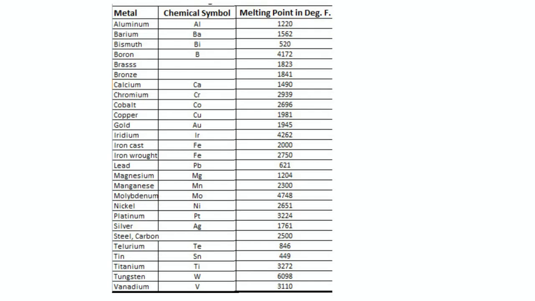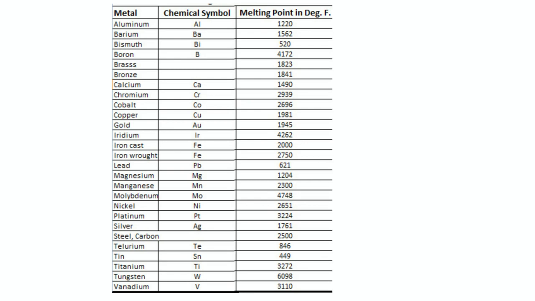So when tungsten is below 6098 and I increase the thermal energy, tungsten will melt into a liquid at 6098. Then, if I've got it above that temperature and I decrease the thermal energy, tungsten will freeze at 6098.